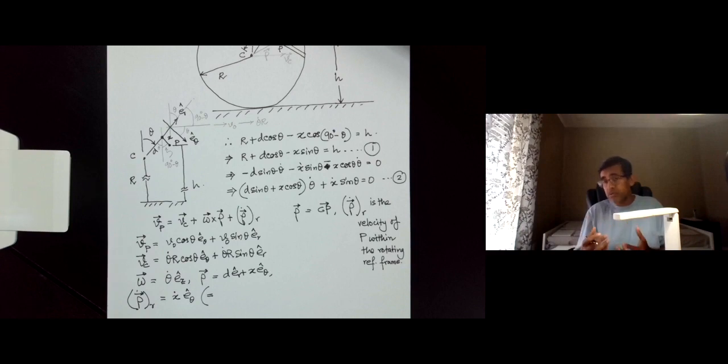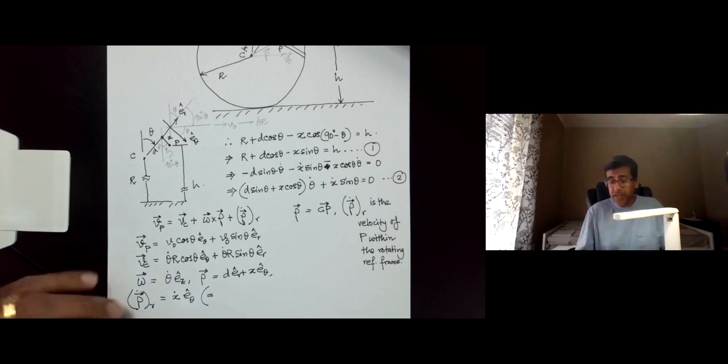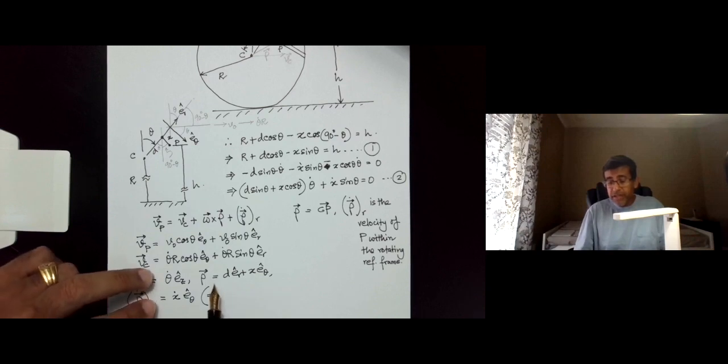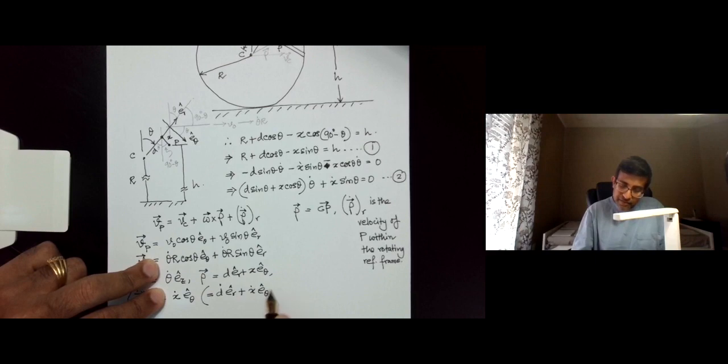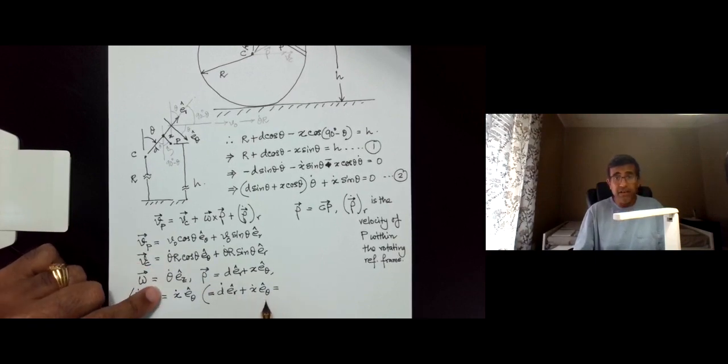That special differentiation would give you the relative velocity within the rotating frame. So if you did that, you would get d dot ER plus x dot E theta. Note that we have not done ER dot and E theta dot, and that's because we are differentiating within the rotating frame.